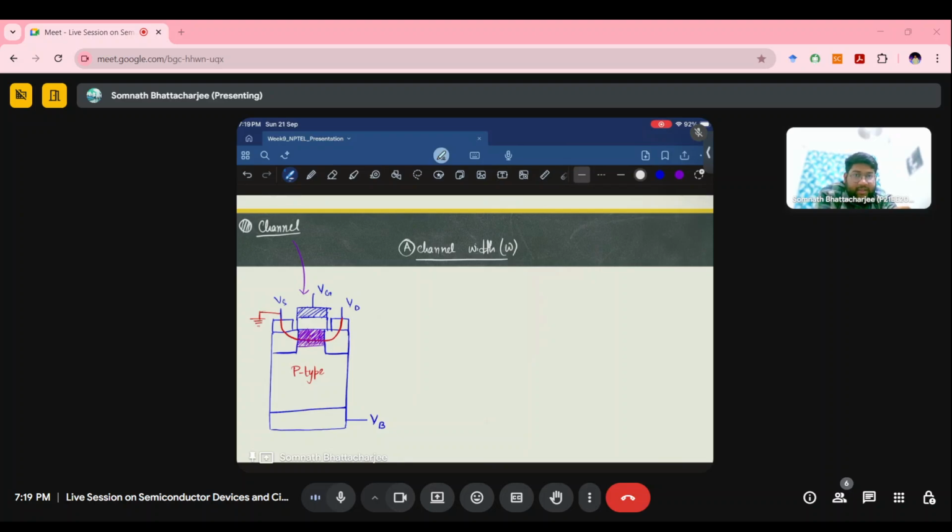If we are just drawing the channel, the channel looks like this, but the actual formation of the channel is like this.